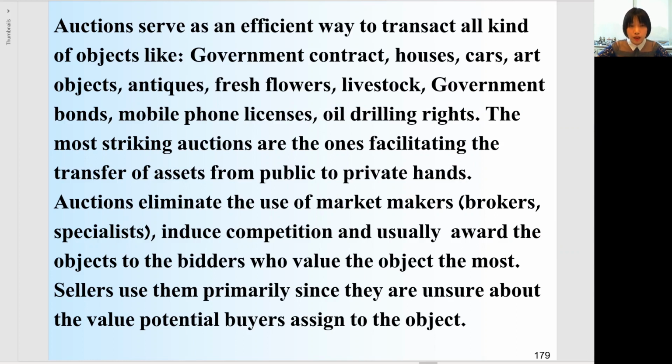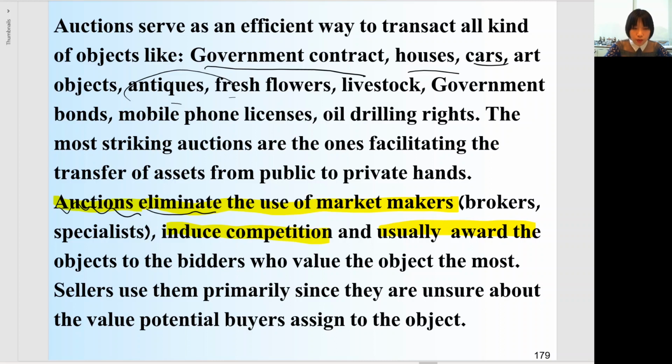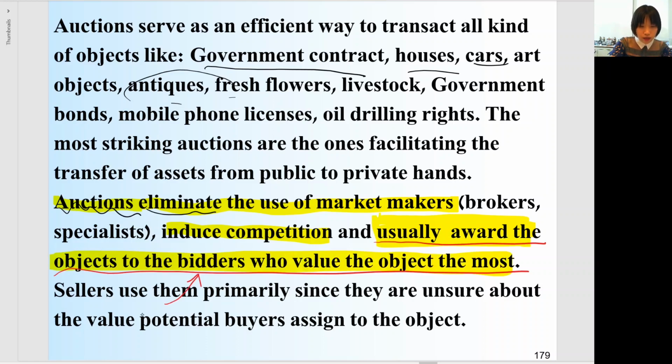Here we list several other applications of auctions like government contract, housing, cars, and antiques, and so on. Here we emphasize that auctions eliminate the use of market makers, induce competition, and usually award objects to the bidder who values it the most. This is a very important property because it's usually defined as efficient allocation.